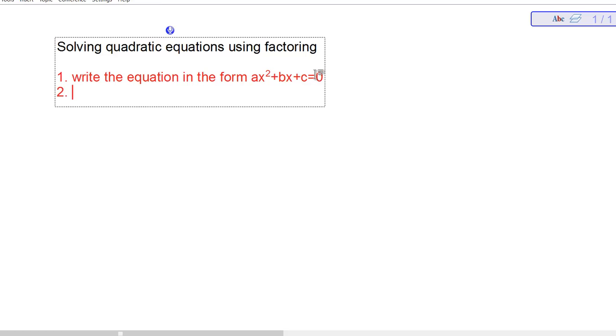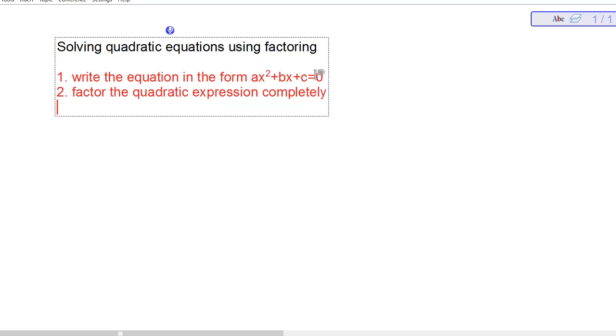Then the second step is we want to factor the quadratic expression completely. And it's very important that we factor it completely because otherwise it's not going to let us solve anything.